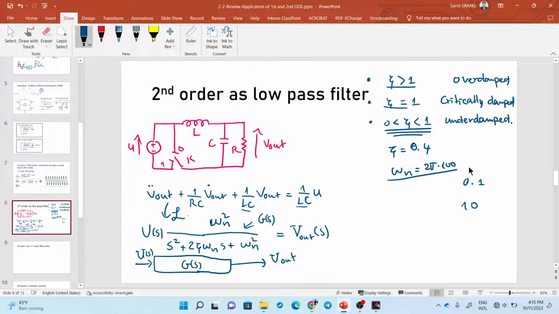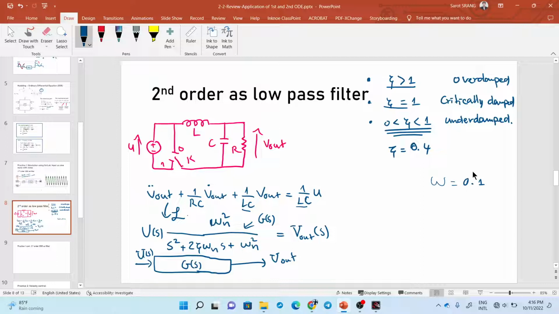Let's choose zeta 0.4 and omega n as 2 pi times something. Omega n should be small. Let's try omega n equal to 0.1 first.